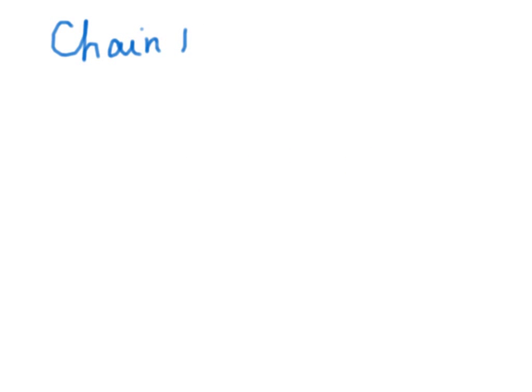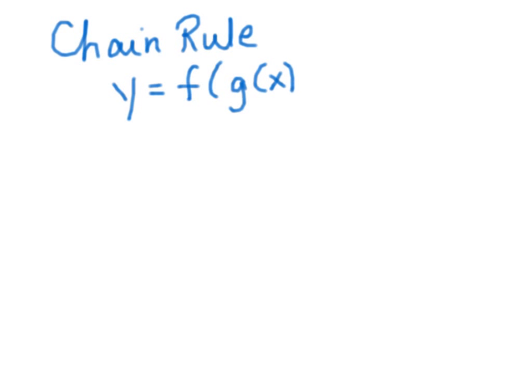Now the chain rule is based on having a composite function. So if y is equal to f of g of x, just like our sine of x squared, the way we find the derivative is we take the derivative of the outside, f, with that g of x inside it, and you leave that g of x alone.